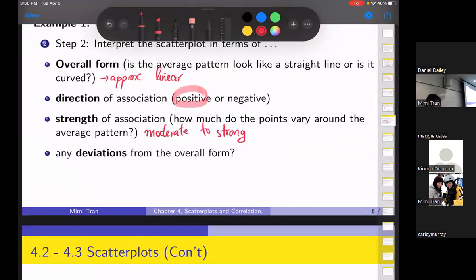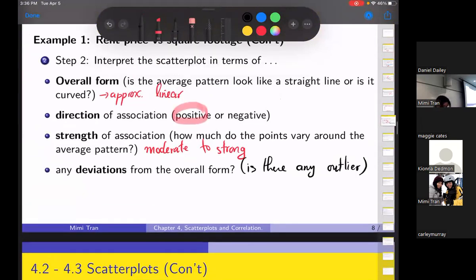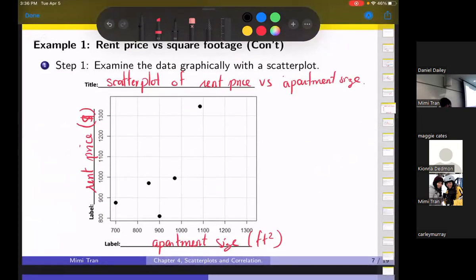Any deviation from overall form, that means is there any outlier? Do you think there is any outlier here? Two? You think two? Yeah, sort of. This guy, roughly 1,100 square feet, and then it costs you more than $1,300, like 3,500 a month.